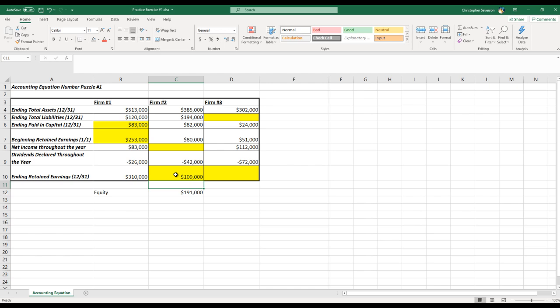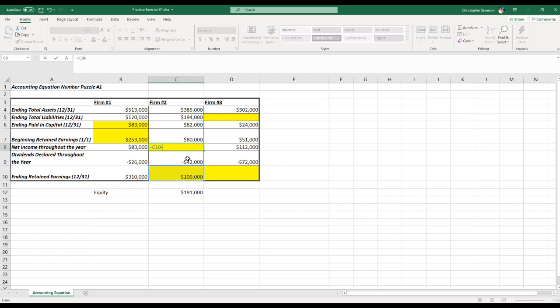Now that we know ending retained earnings, we can back into net income. It's the same basic approach we took to get beginning retained earnings. We're grabbing this ending retained earnings, and again, we're reversing the other two pieces we do know.